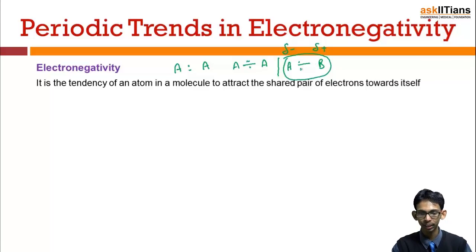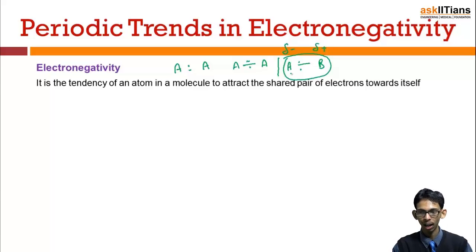So what we have to discuss here is the tendency of an atom to attract the shared pairs of electrons toward itself. The one which has the greater tendency to attract the shared pair toward itself will have more electronegativity, while the other one will have less electronegativity. So electronegativity is a comparative property.